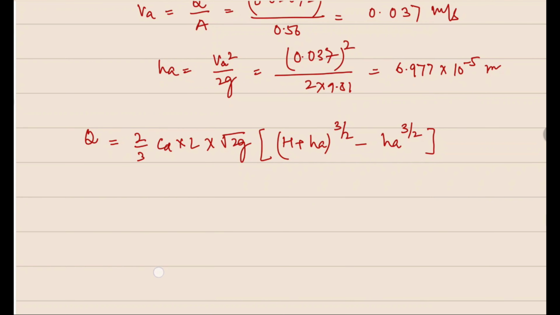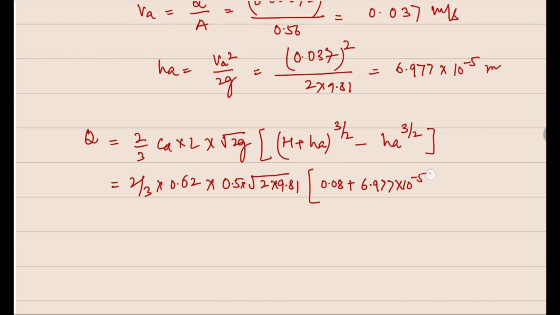So we will quickly put all the values, that is 2 by 3, CD is 0.62, and then this is 0.5 under root 2, 9.81, and then in bracket this value is 0.08 plus HA value is 6.977 × 10 to the power minus 5 raised to the power 3 by 2 minus 6.977 × 10 to the power minus 5 raised to the power 3 by 2.